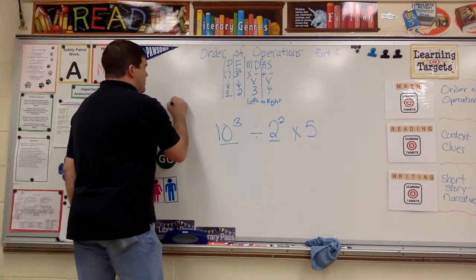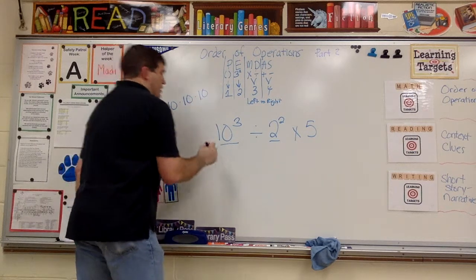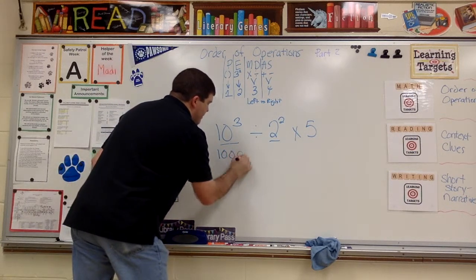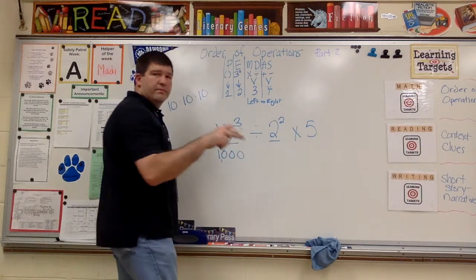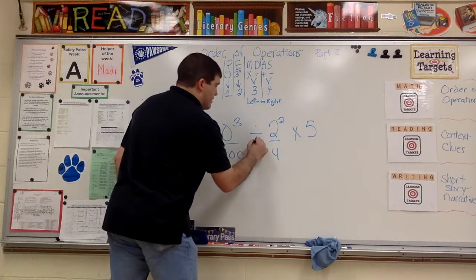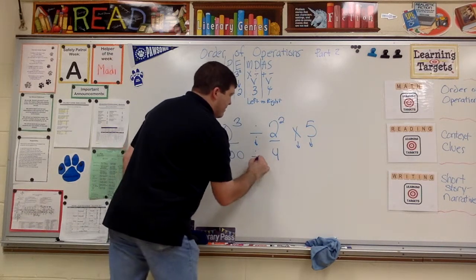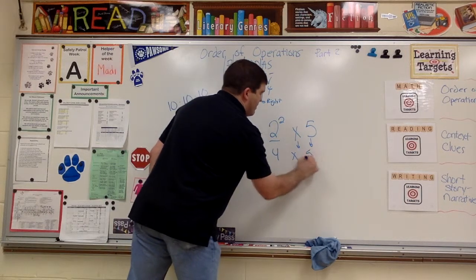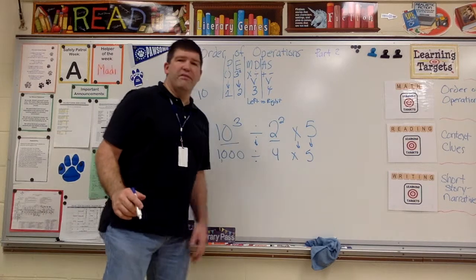I know 10 to the third is 10 times 10 times 10, or 1,000. And this one is 2 times 2, because it's 2 to the second, is 4. Then I bring this down, bring this down, bring this down. So now I have 1,000 divided by 4 times 5.